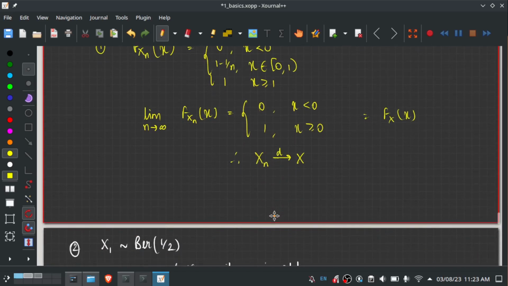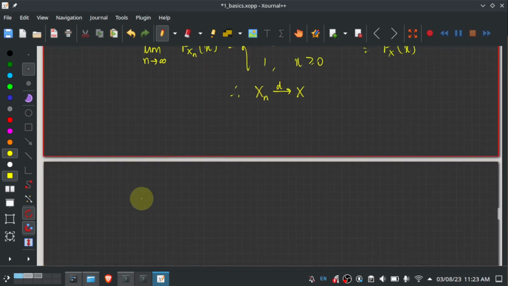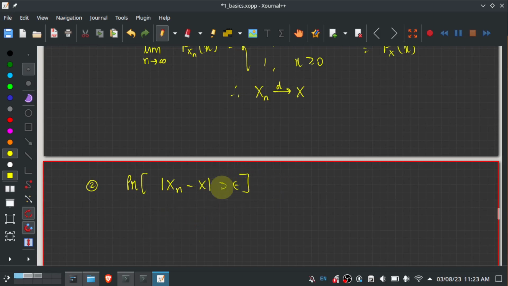Does it converge in probability? In other words, if I look at the probability that mod xn minus x is greater than epsilon for any fixed epsilon. In this case, x is just the trivial random variable which takes the value 0. So what is the probability that mod xn is greater than epsilon for a fixed epsilon greater than 0?